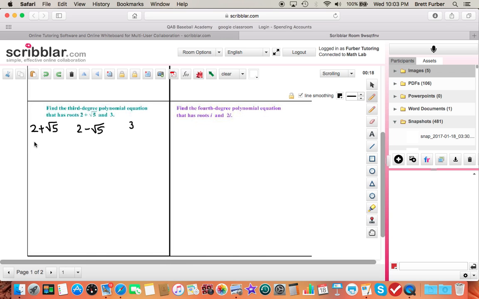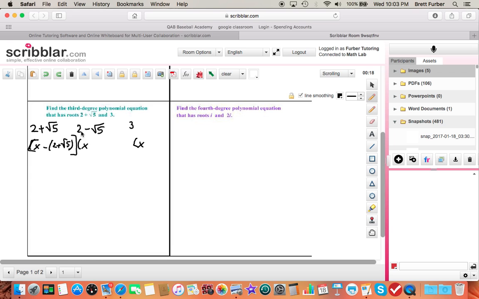And then what we need to do from here is write, again, our x's, and then we're going to finish the factors. So remember, if x stands for 2 plus square root of 5, then I'm going to have to do x minus 2 plus square root of 5, in order for us to be able to cancel it out.